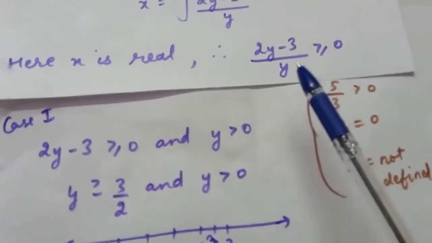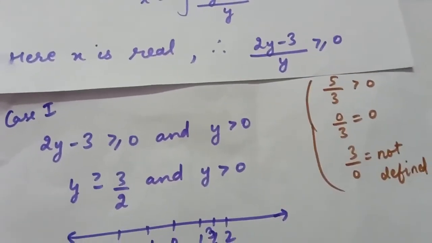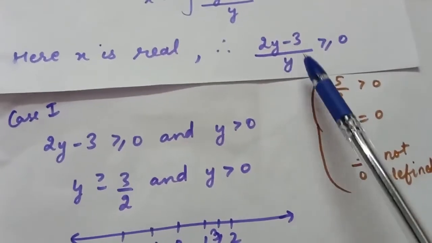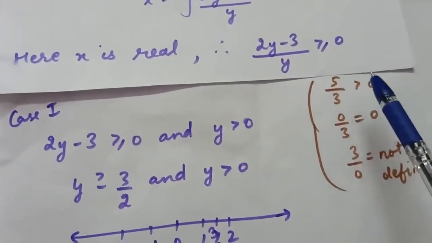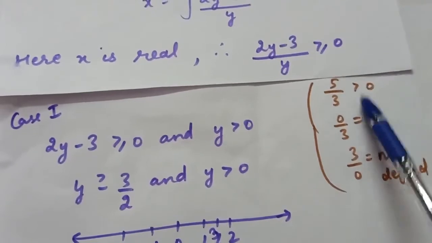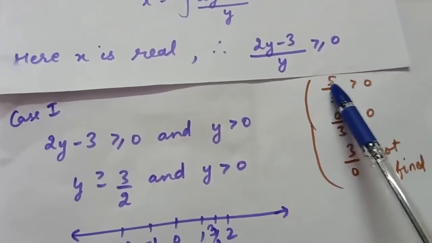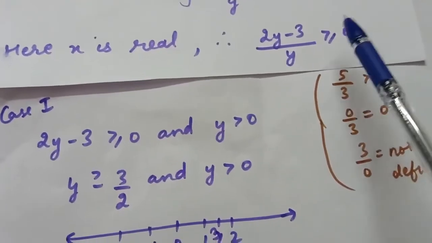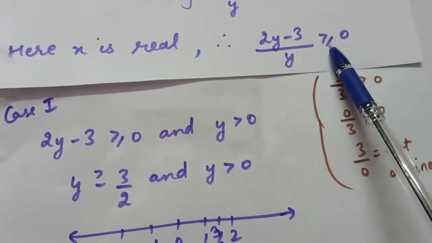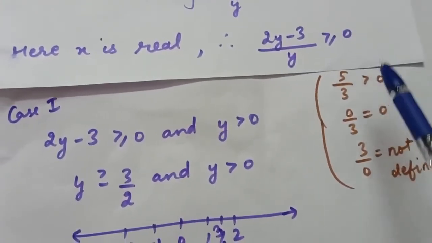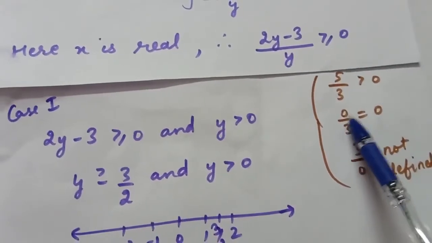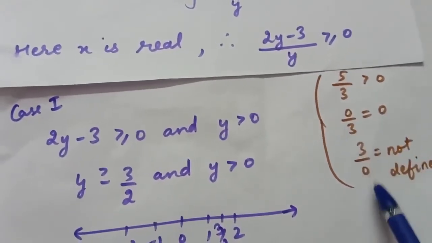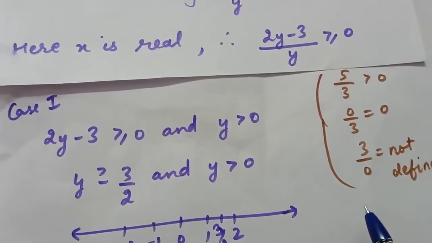So the first case is that both the numerator and denominator should be greater than 0, right? Also, because this value can be equal to 0, we can say that the numerator can be equal to 0, but the denominator cannot be equal to 0.